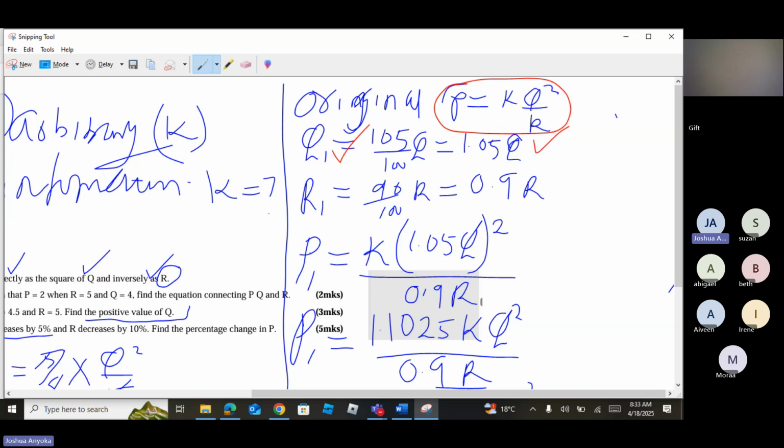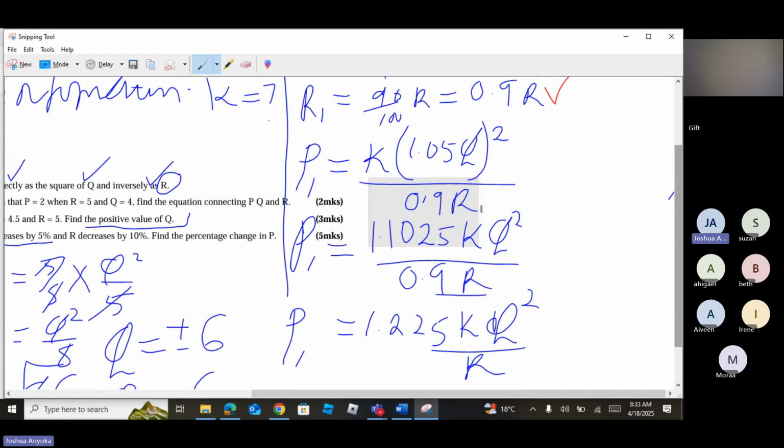R has decreased by 10%, so it is 0.9 R. Introduce the new changes in the equation connecting P. So P1 after change is K into bracket Q, but our Q is 1.05 Q, so we square it.